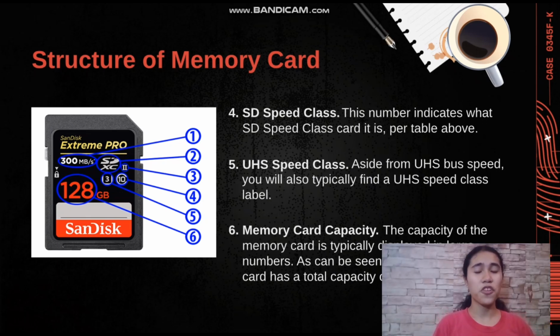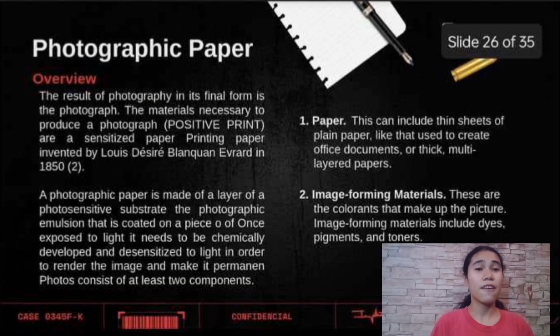The overview of photography paper: the result of photography in its final form is the photograph. The materials necessary to produce a photograph, which is the positive print, are sensitized paper. Printing paper was invented by Louis Désiré Blanquart-Evrard in 1850.